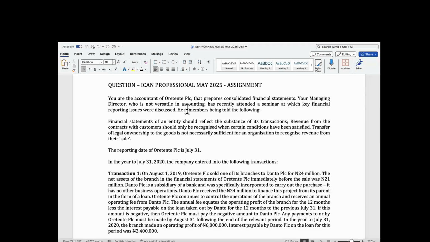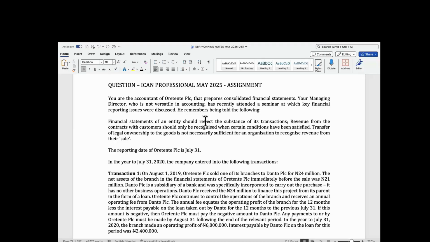He remembers being told the following: financial statements of an entity should reflect the substance of its transactions, and revenue from a contract with a customer should only be recognized when certain conditions have been satisfied. Transfer of legal ownership to the customer is not necessarily sufficient for an organization to recognize revenue from the sale.